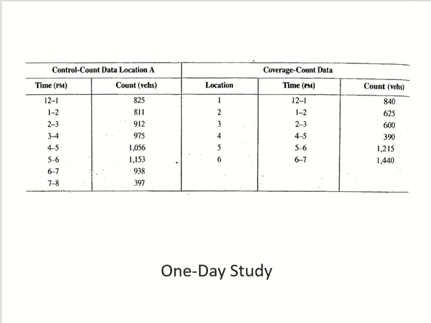To calculate the 8-hour count for the other locations, we calculated the factors. What factors were calculated in this example to calculate the 8-hour count? Expansion factors. Okay, those are called expansion factors.